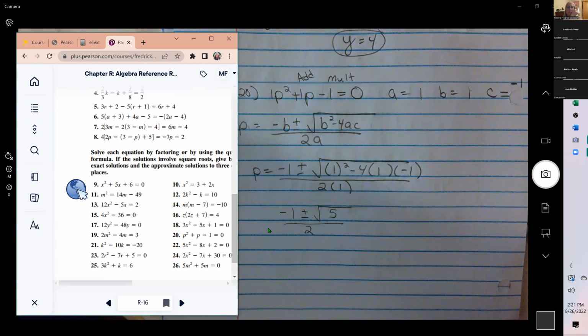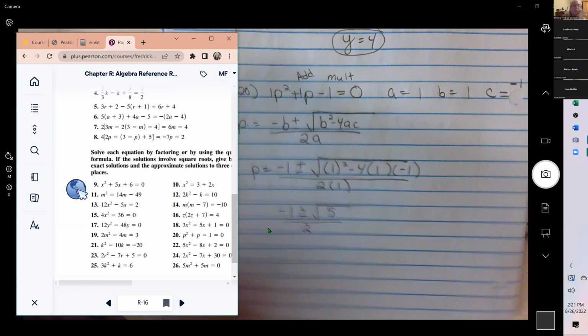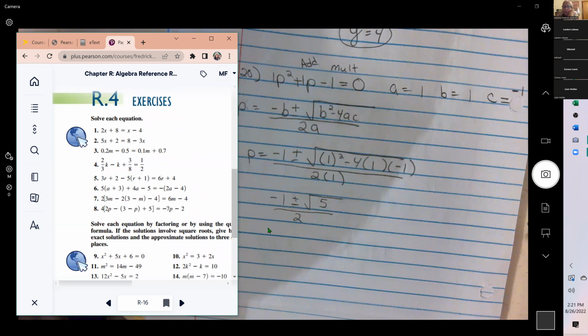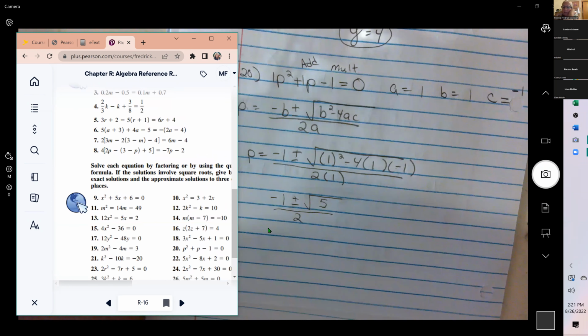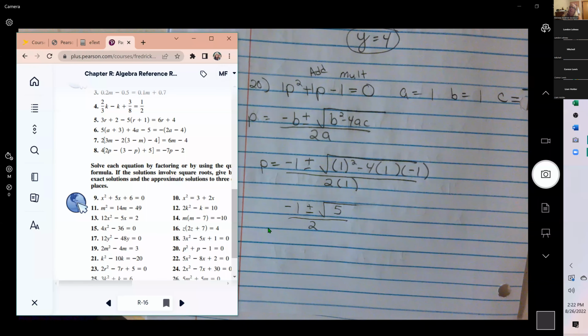Any questions on that? Yes, this is from your review 4. Is there any questions on that? Okay, so this section is just solving by factoring.